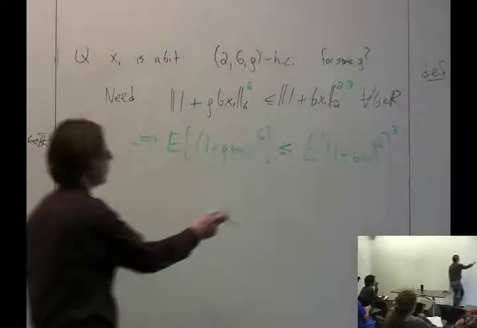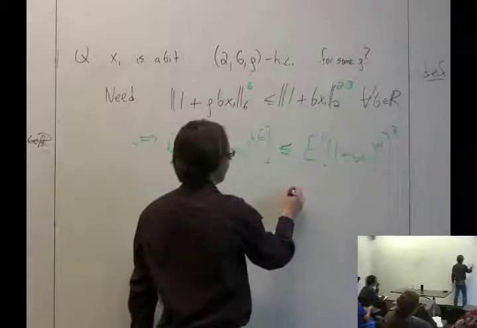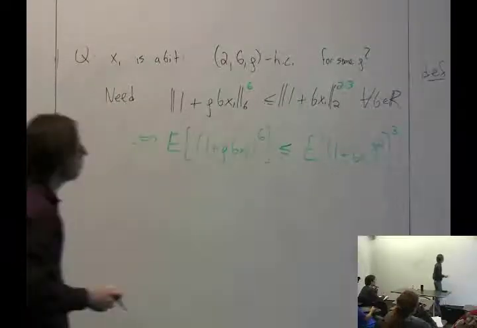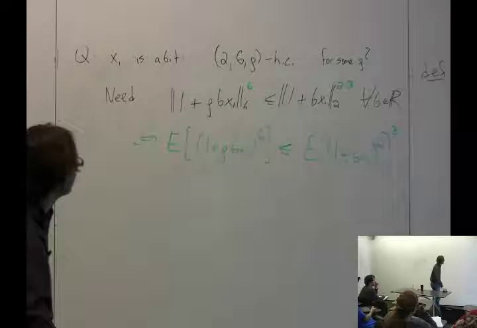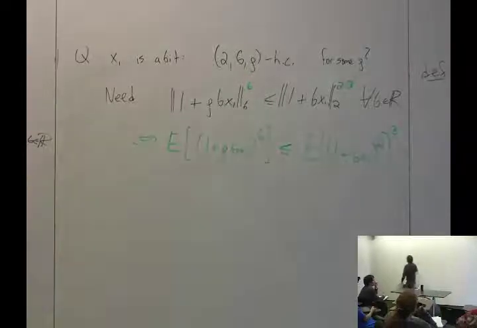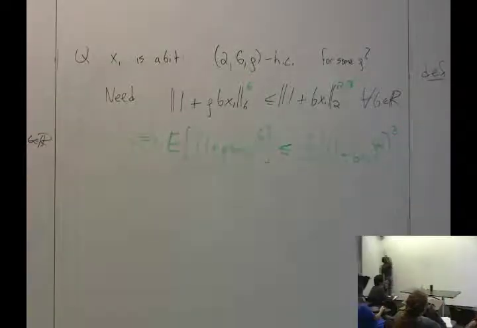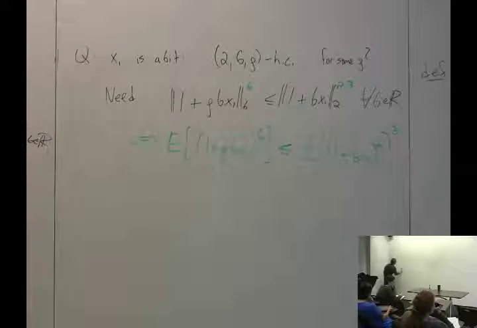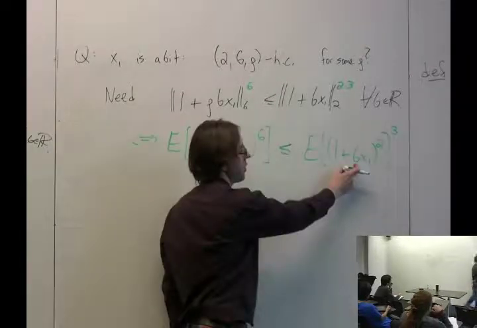So this one is relatively easy. Let me write it over here. On the right-hand side, we have the expected value of the square of something. If you want, you can view it as a little function on one bit, x1, and use Parseval to deduce that it's 1 squared plus b squared.